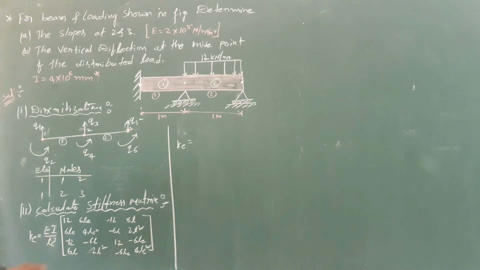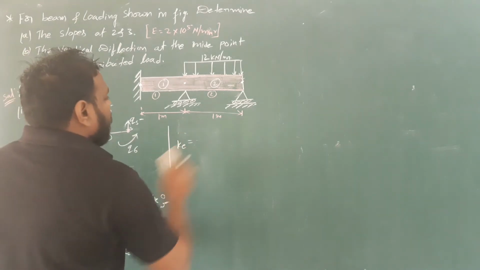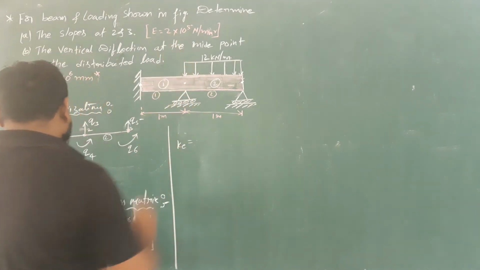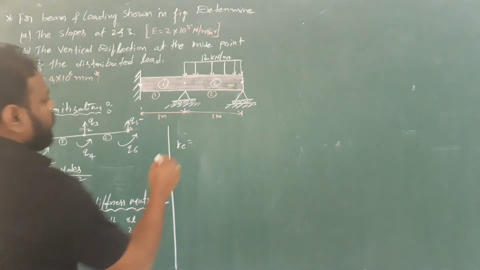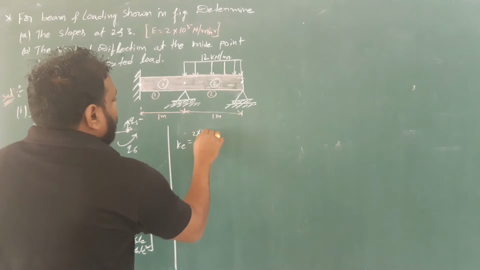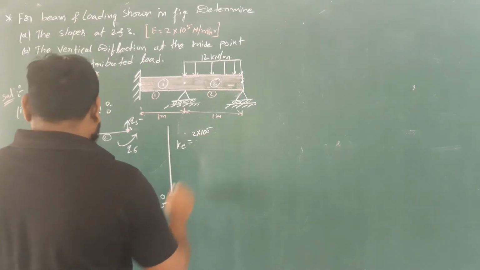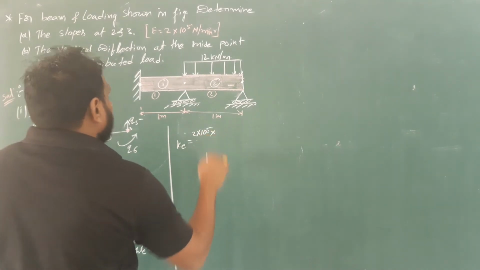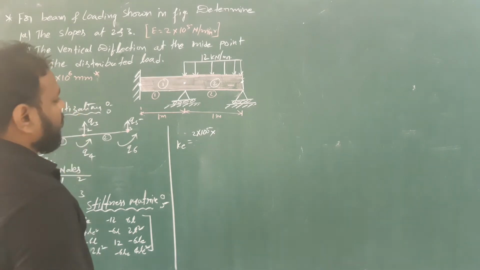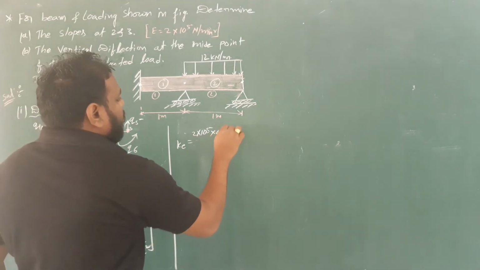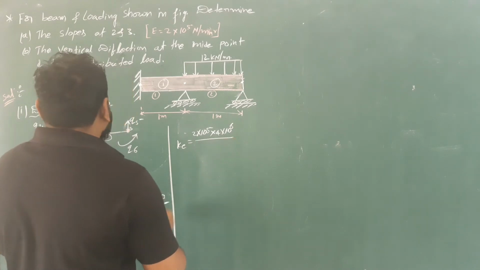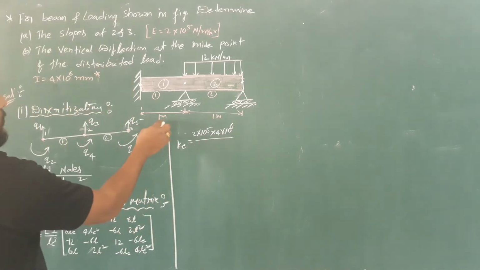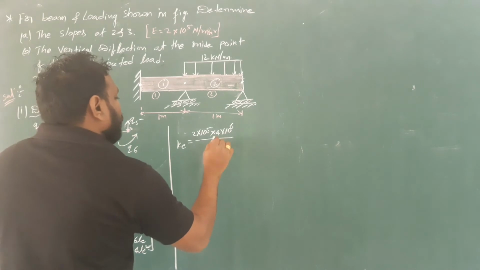So substitute all these values here. The Young's modulus for the first element is 2 into 10 to the power of 5, and the I value is 4 into 10 to the power of 6, divided by L_E, the length of the element in meters, that is 1 cubed.